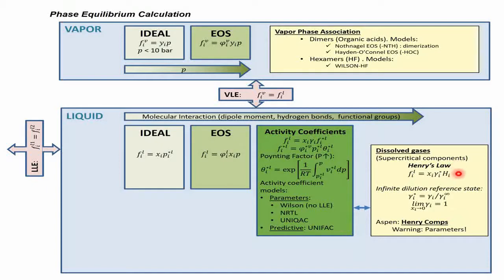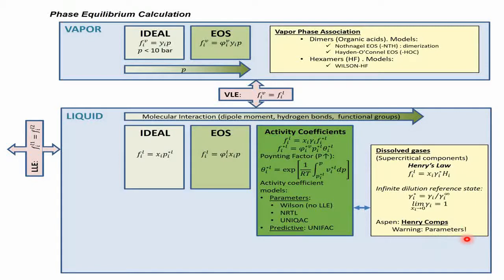The problem with Henry's law is that the reference state that is used is different from the one used by regular activity coefficient models, but we don't care about this because Aspen is able to handle this situation. The only question we must consider when we have this type of components is that they must be defined in a group which is the Henry components group.